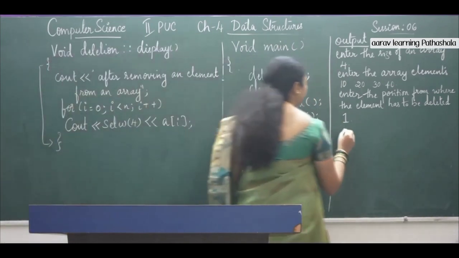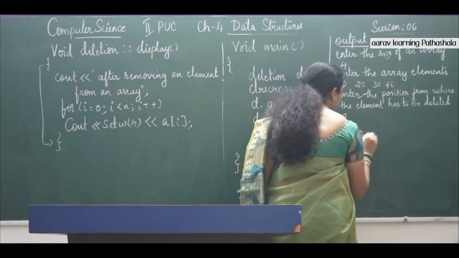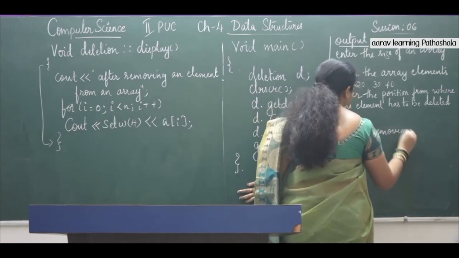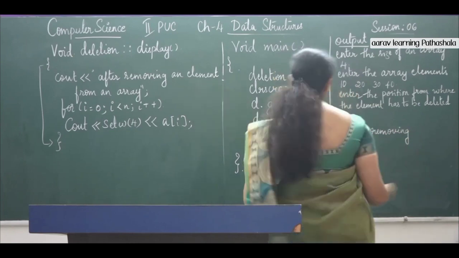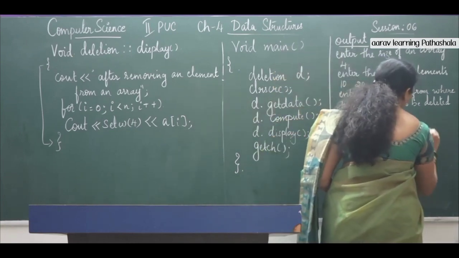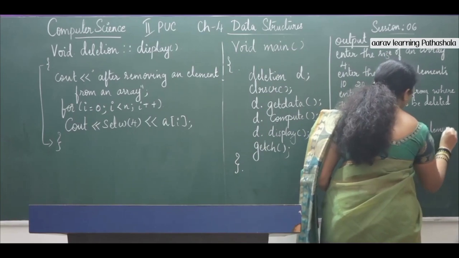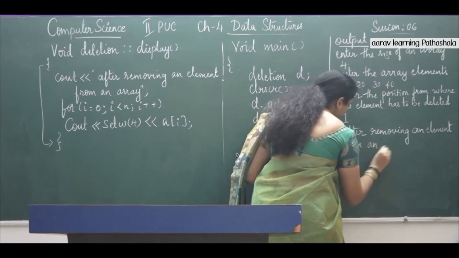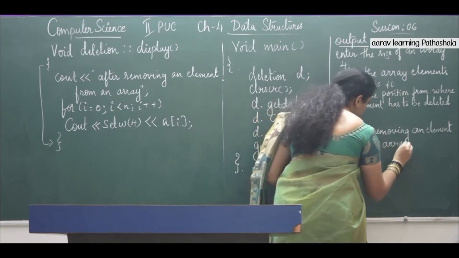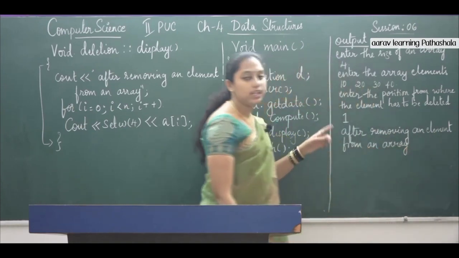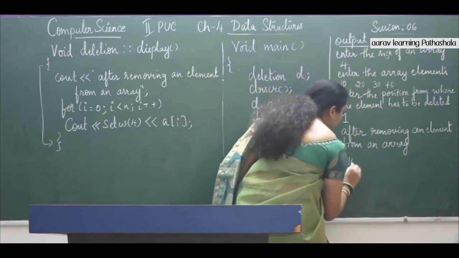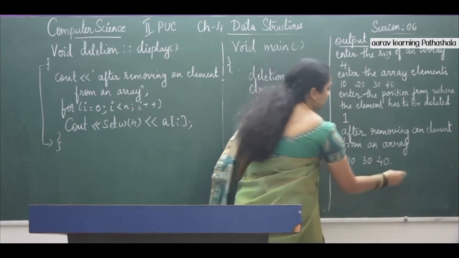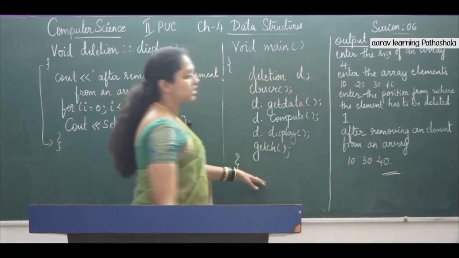So after removing an element from an array, after deletion, an array contains only 10, 30 and 40 as its array elements. So this is the output for this program.